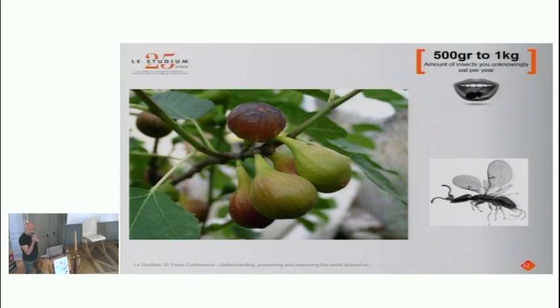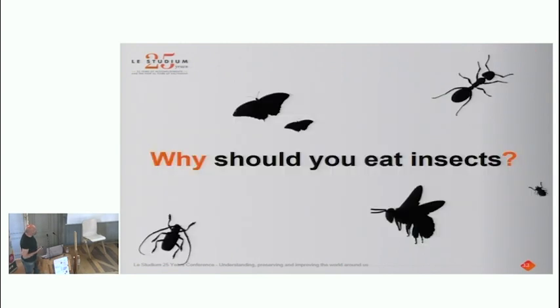So these crispy things in the fig can be baby wasps. But each of you also consumes about 500 grams to 1 kilogram of insects each year without knowing it. It can be in your processed food, in your salads, in your canned soup. But yeah, you don't see it.